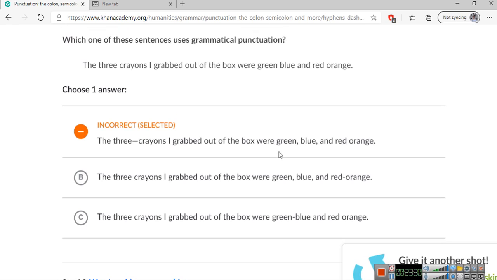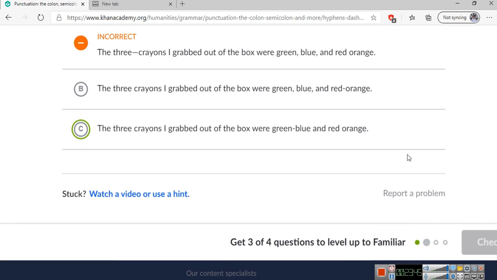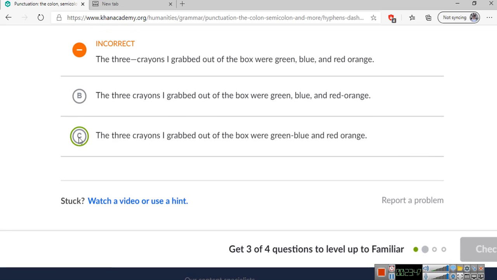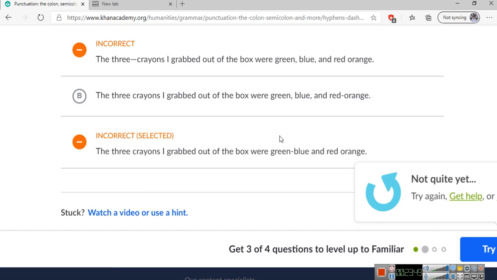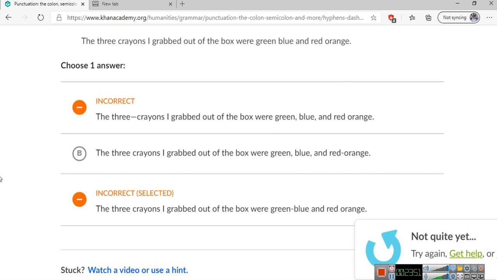C, is it possible? Let's see. And no. So in that case, it's B.